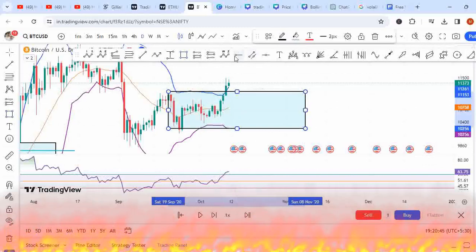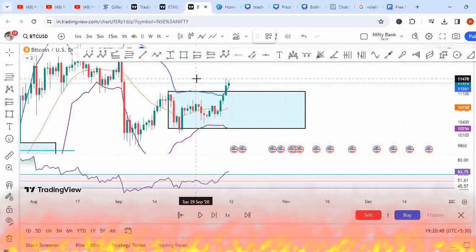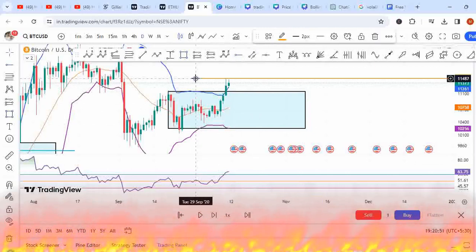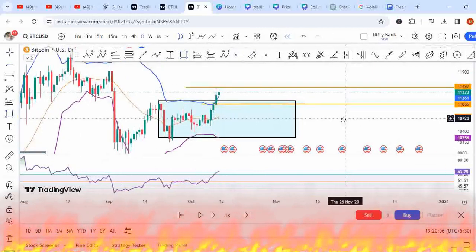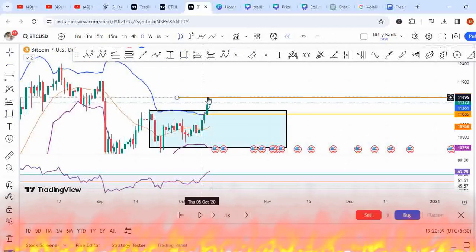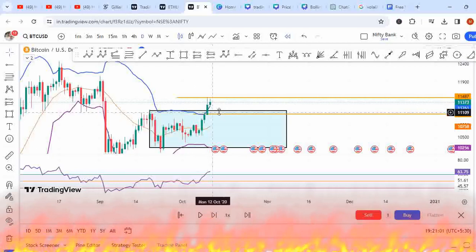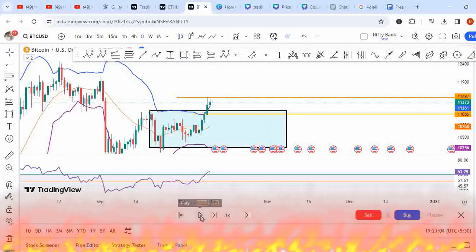Now this is your alert candle. Mark the high of this candle and the low of this candle. So what you can do is enter the trade when the high of this bullish candle breaks up. So let's check now.